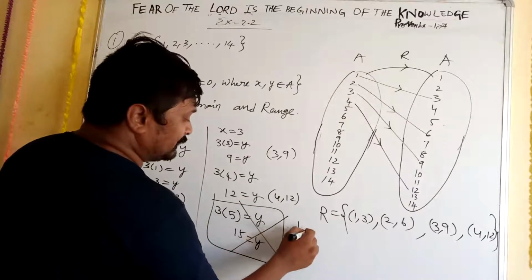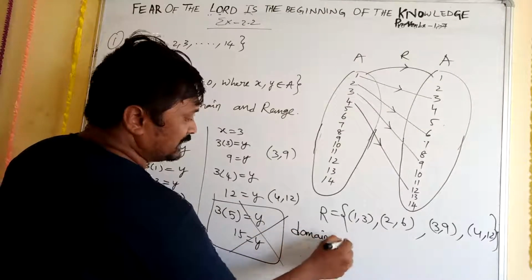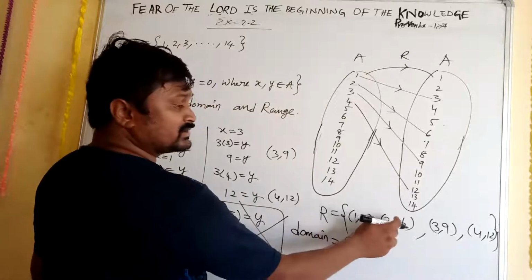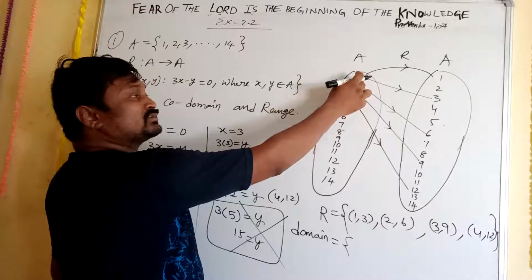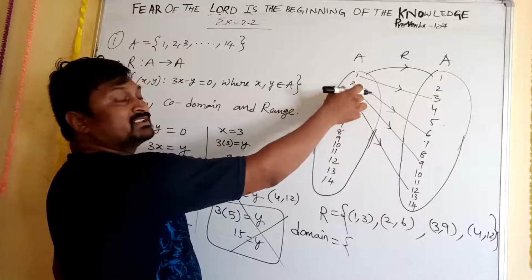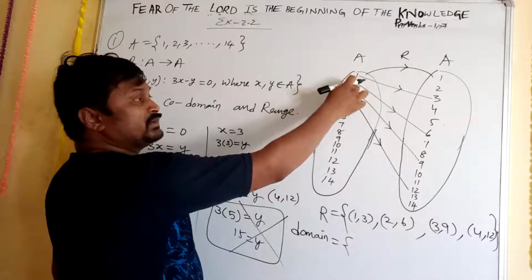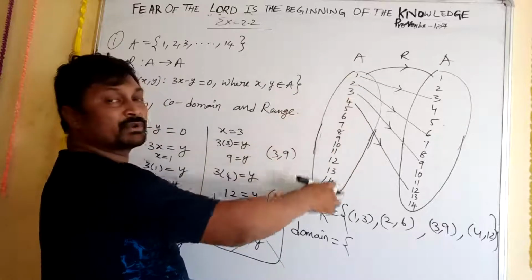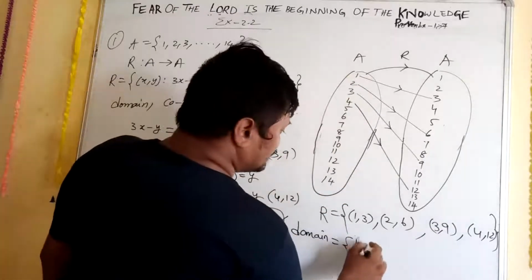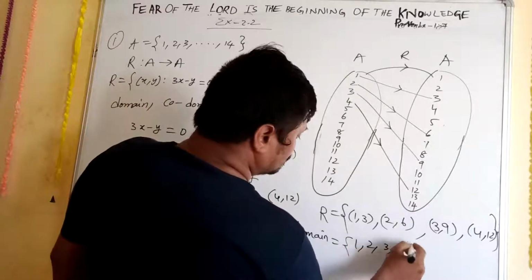What is your domain? Domain is equal to {1, 2, 3, 4}. Whichever are the first numbers, the arrow starting numbers, are the domain. The remaining places, the arrow is not there, so no need to write that.